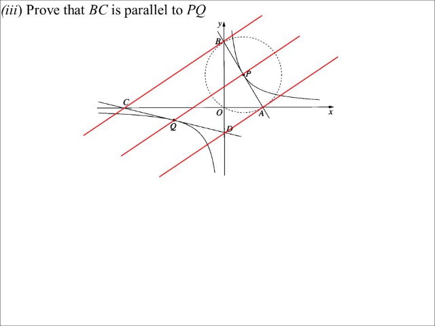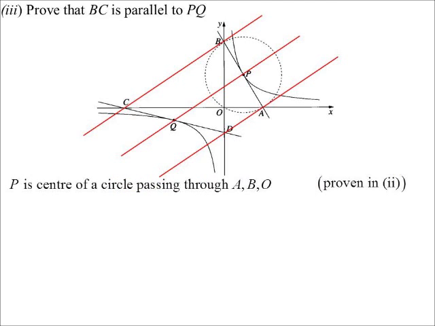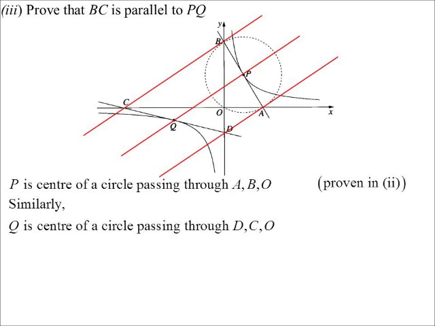I'm just going to join up there B and C, P and Q, A and D. All right. Now, if P is the center of a circle passing through ABO, okay, we've proven that. And as I say, the same situation must occur on the other one. Q is the center of a circle that goes through DCO.